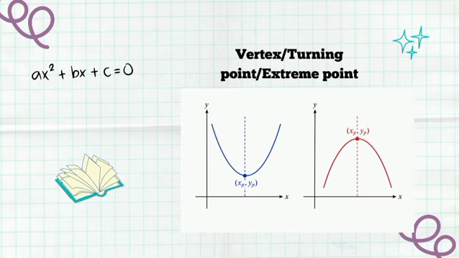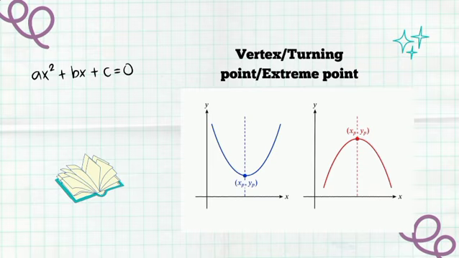Next, this line is called the axis of symmetry. If we fold the graph along this line, both sides will match exactly. That is why it is called the axis of symmetry.